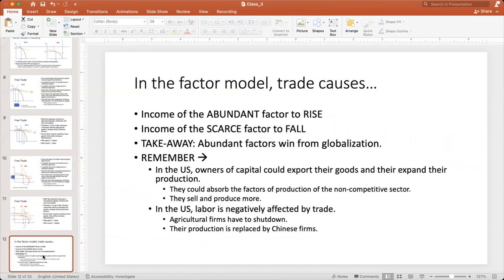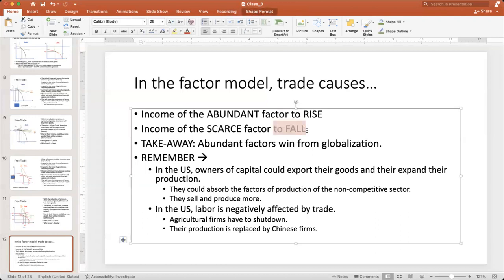So in the factor model, trade causes the income of the abundant factor to rise. So the income of the sector that requires the more abundant factor will be better off. However, the income of the scarce factor is going to fall. So trade will reduce the benefits of the non-competitive sectors.